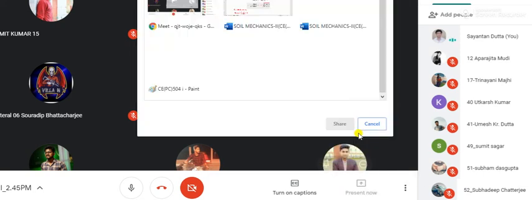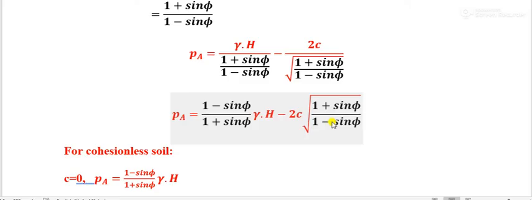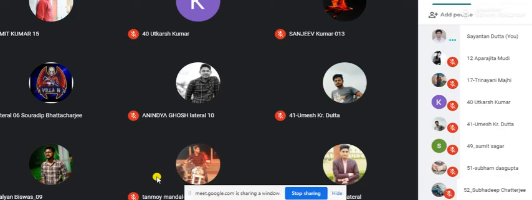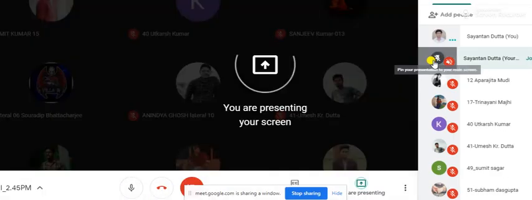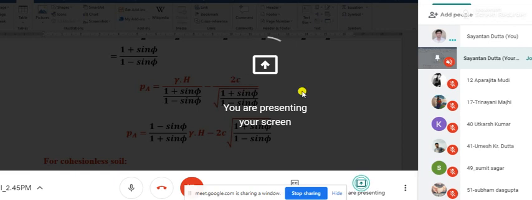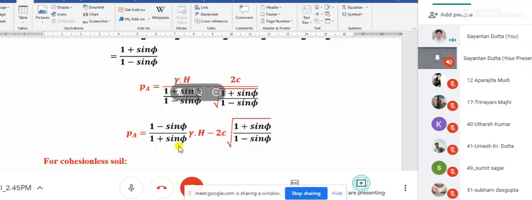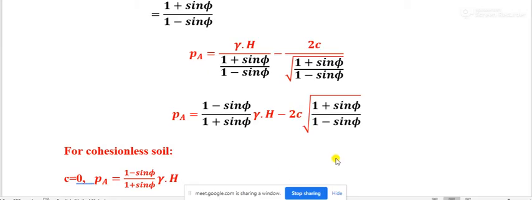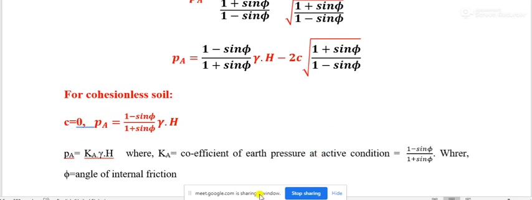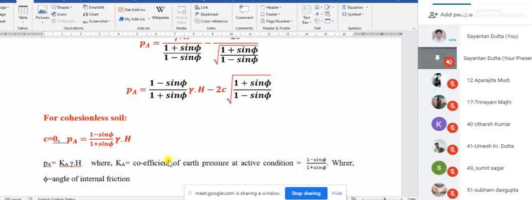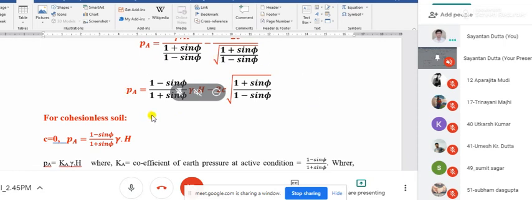Okay, finally this one is the equation for active earth pressure. This one and this one is active earth pressure.